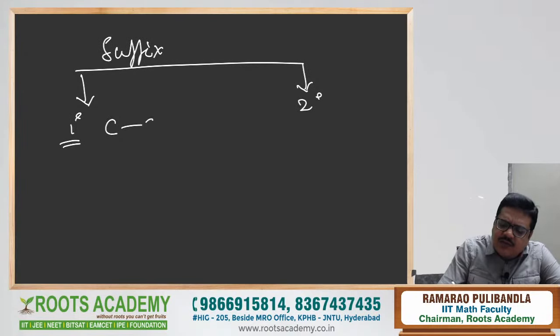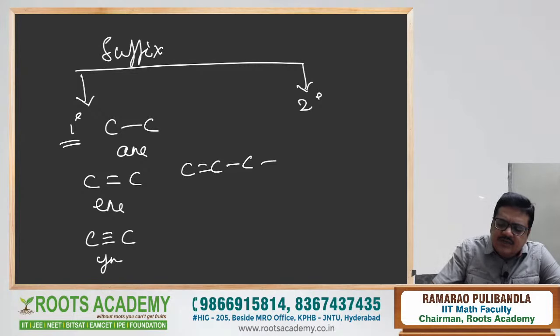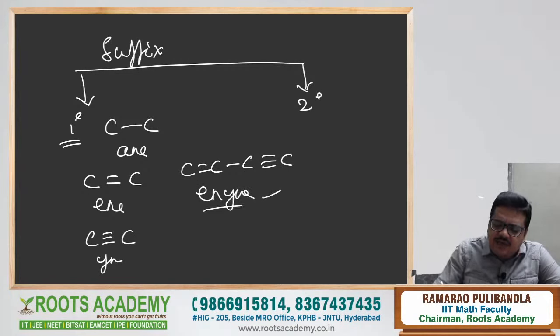If carbon single bond, ane. Carbon double bond, ene. Carbon triple bond, yne. If a double bond and a triple bond are there, ene. If two double bonds are present, diene.